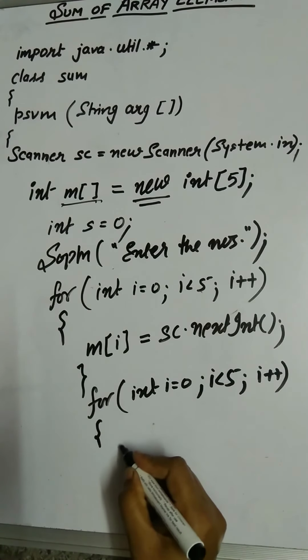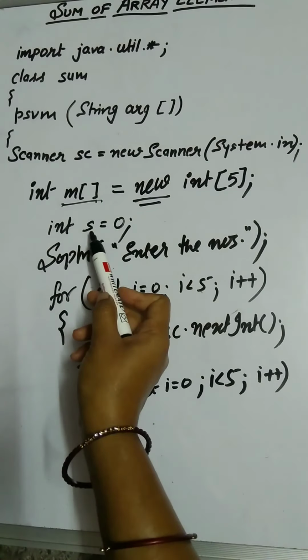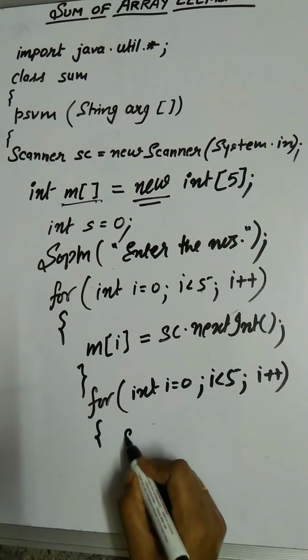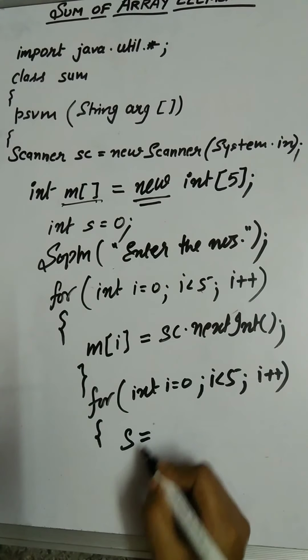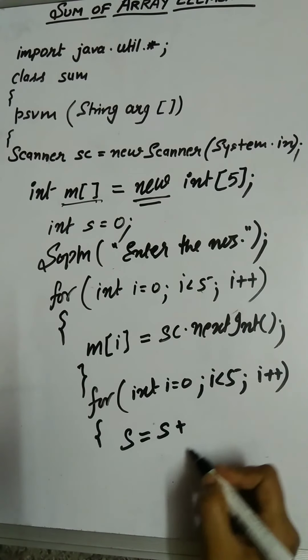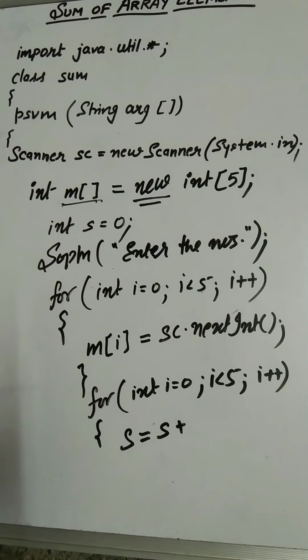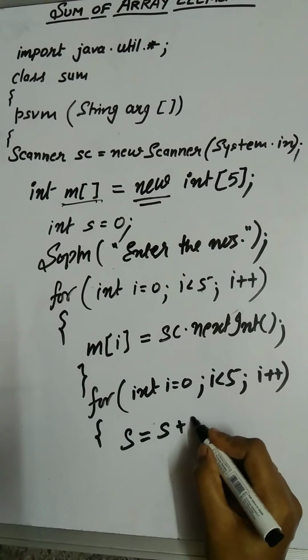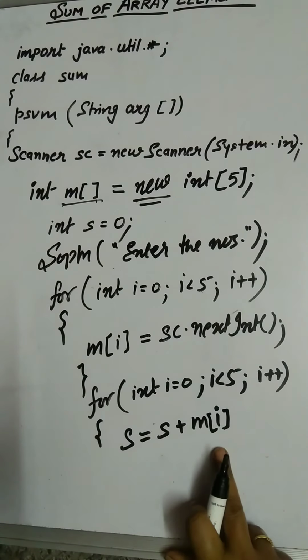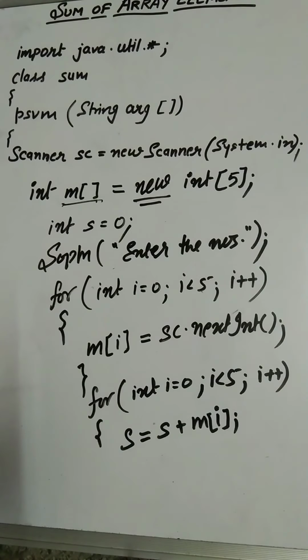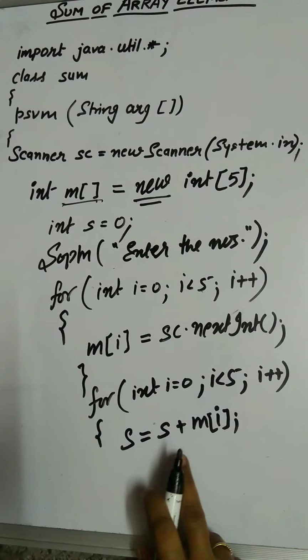And here I write the variable in which we calculate the sum: s = s + ... First of all we need the 0 index value, then the 1 index value, then the 2 index value. So how to write? m[i]. Clear? m[i].